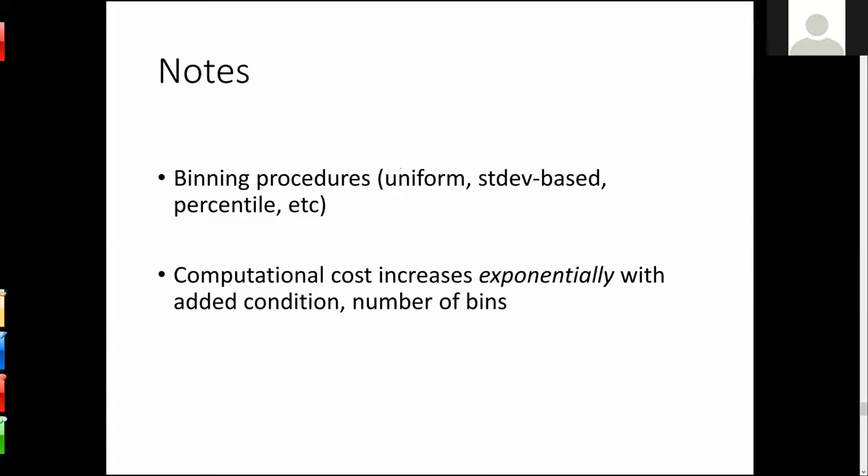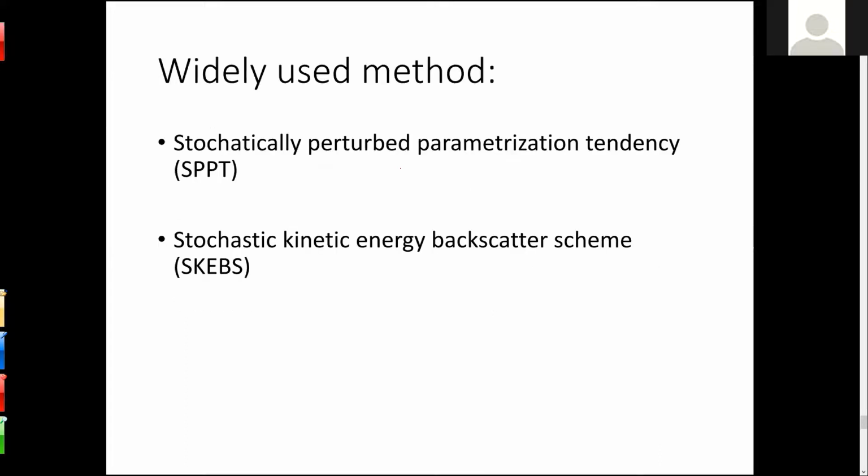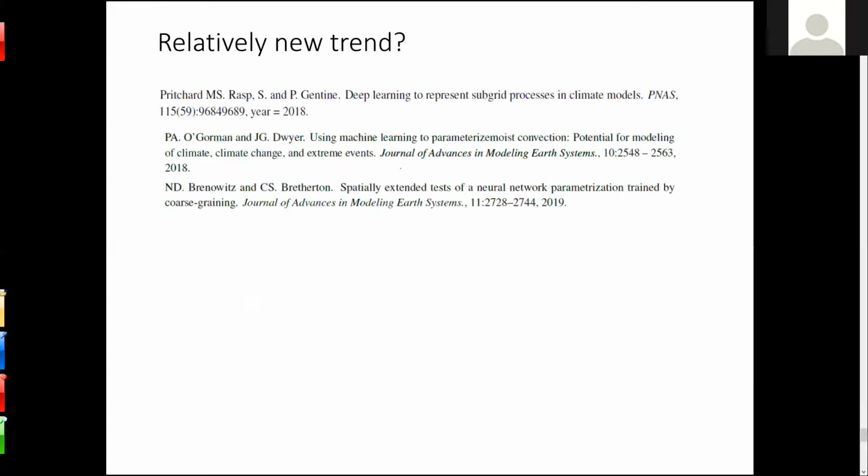So if one or two conditions do not suffice or give you a good reduced model, adding one means exponentially increasing your cost of integration. So that's one drawback of that. I will skip this part and maybe make a note on this part.